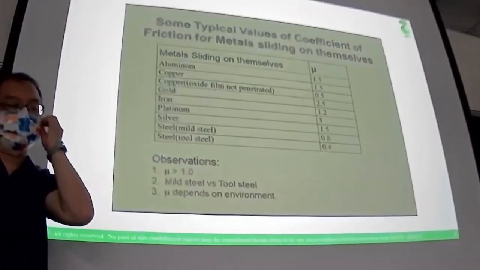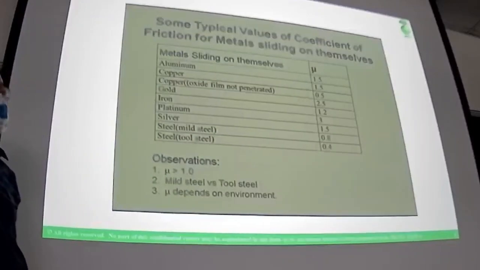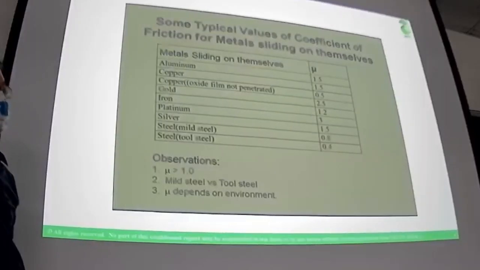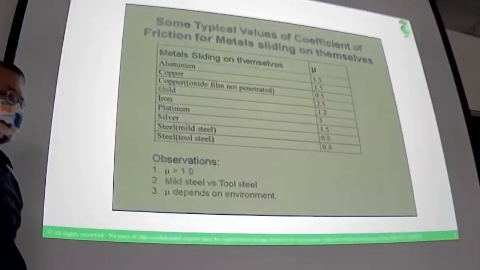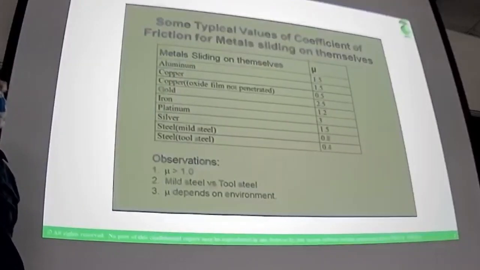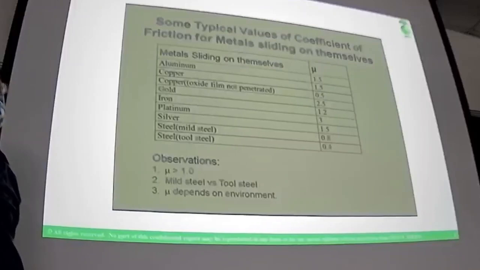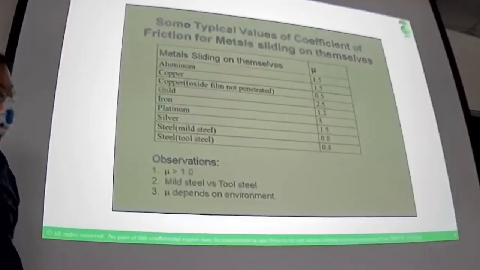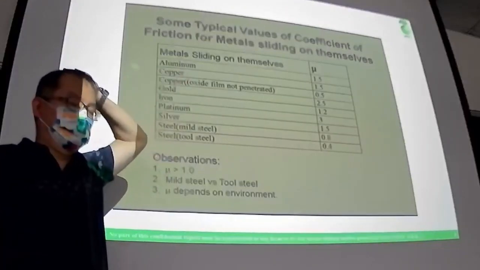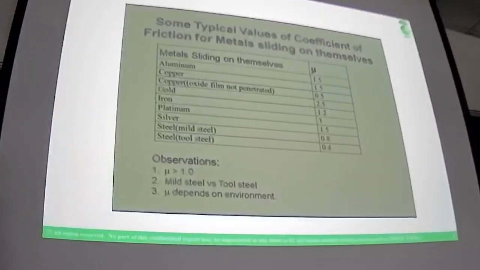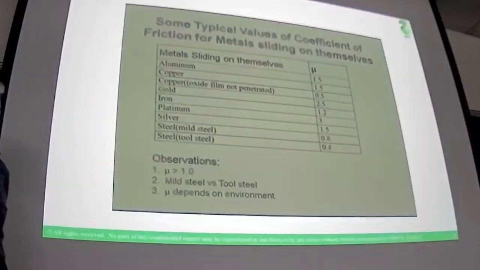Because most of the metals have an oxide layer. The bulk material of the metal will react with the humidity in the air, together with the chemical reaction with oxygen. So you will have oxidation. In that case, most metal materials have an oxide layer on top of the surface.